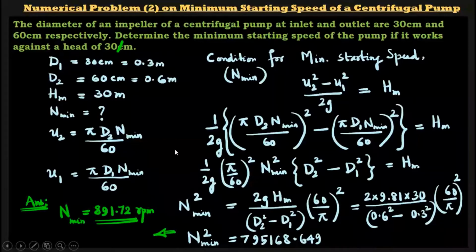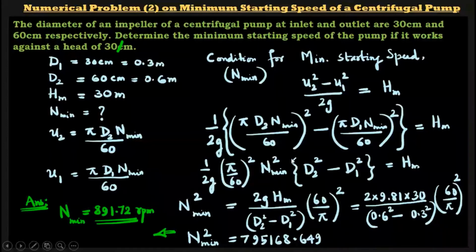So what is it? U2 is pi D2 n minimum by 60. U1 is pi D1 n minimum by 60. 1 by 2g into pi D2 n minimum by 60 whole square minus pi D1 n minimum by 60 whole square, that is the manometric head. So 1 by 2g into pi by 60 whole square and n minimum square are common from both of these terms and can be taken out.